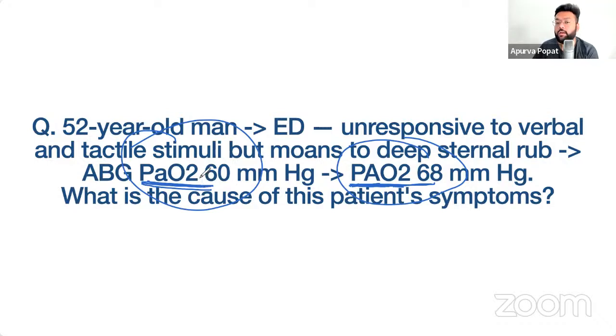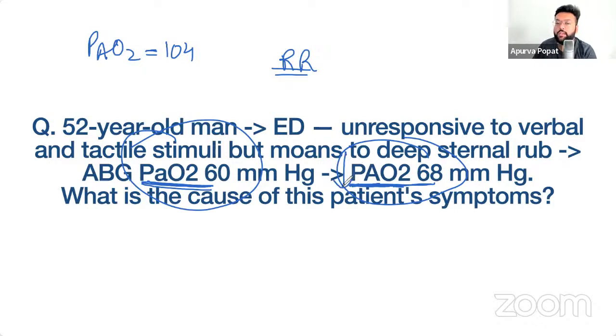What do you think is happening to the respiratory rate of the patient? First tell me, what is the normal PAO2? Around 104, around 100 or 104. This patient has less PAO2.